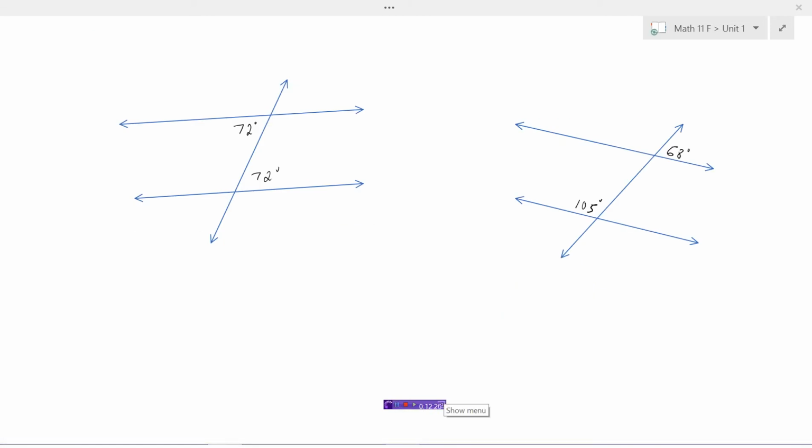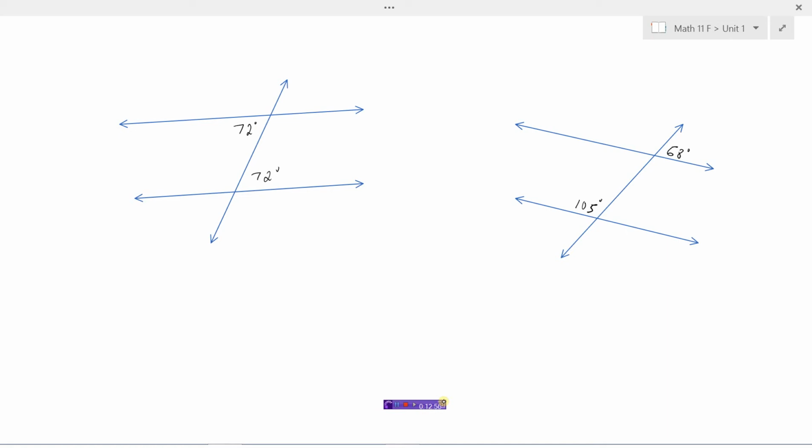Okay, let's look at these first two questions here, and let's say that the question is, in these examples, are these two lines parallel? Well, looking at this first one here, I would have to say yes, they are, because these are alternate interior angles. They're matching angles on opposite sides of the transversal. So are these parallel?